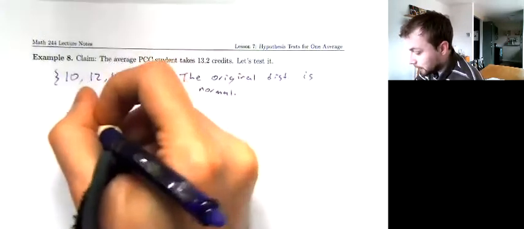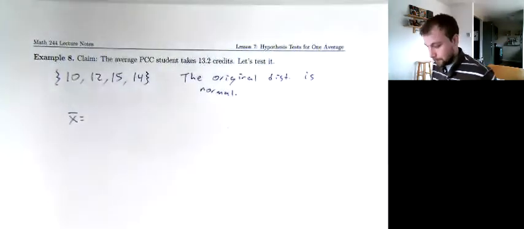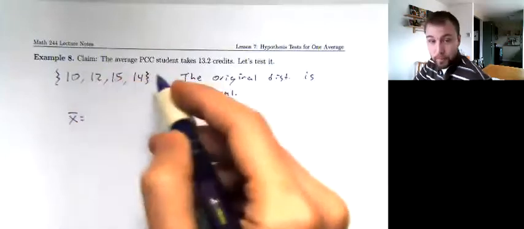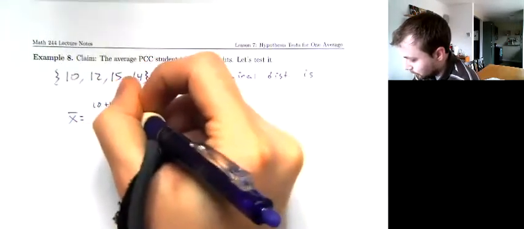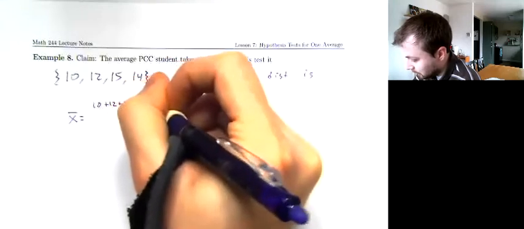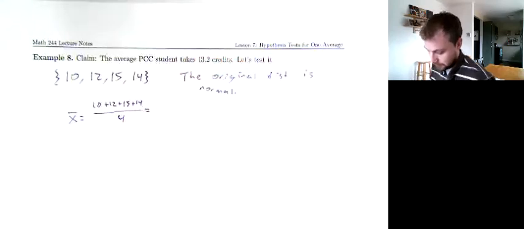So you have to calculate the average for the sample. So to find the average, I'm going to take these four numbers and I'm just going to add them up. And divide by the number of terms. In this case, I only did 4 samples.